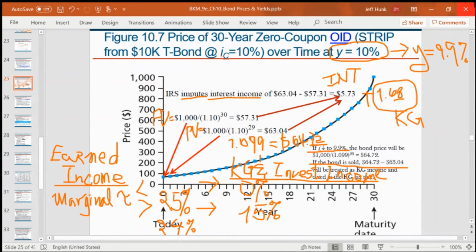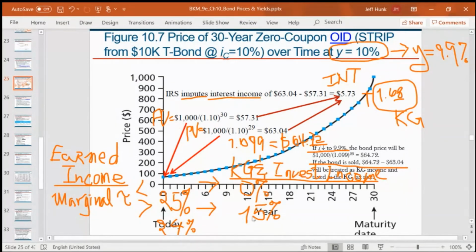If your marginal tax rate on your earned income is less than 25%, then you pay 0% on your capital gains, interest income or dividends, right? But most people, I said, would fall in a marginal tax rate greater than 25% on their earned income.